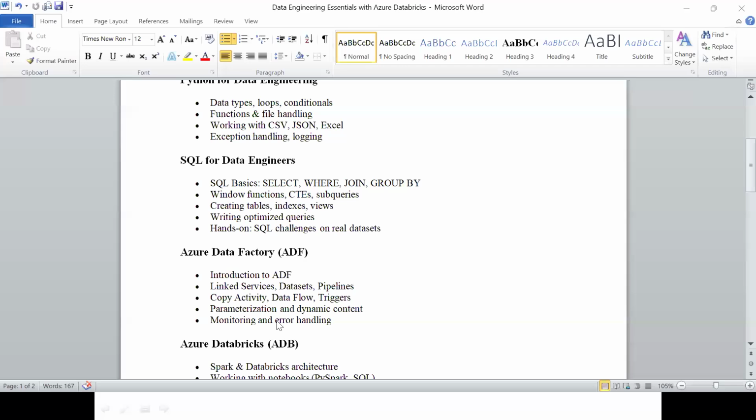We are covering everything: linked services, datasets, pipelines. When we are building pipelines, we are doing it with linked services, datasets and data flows also. Don't worry about the content, I'll give you beyond this also.